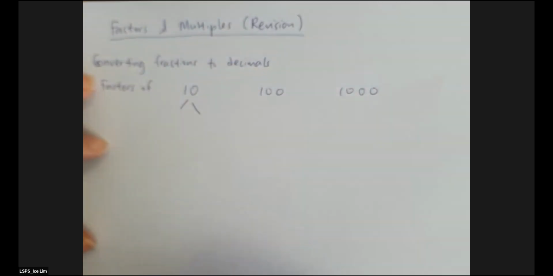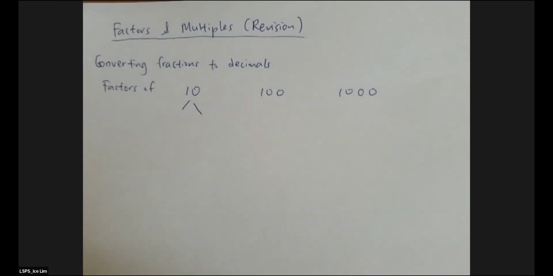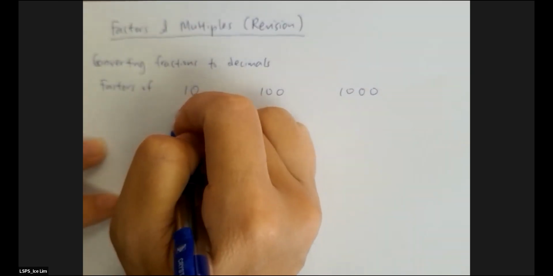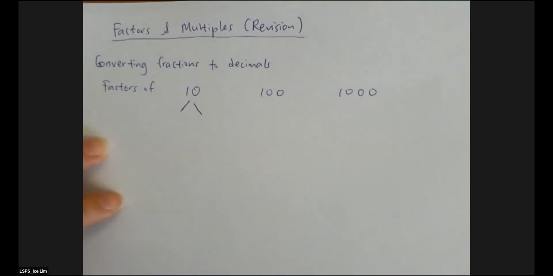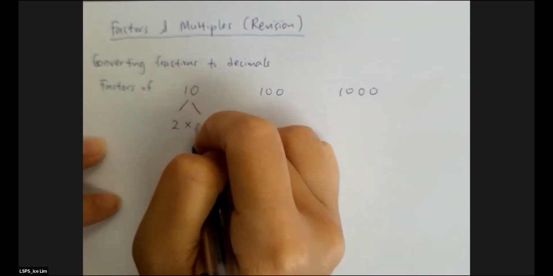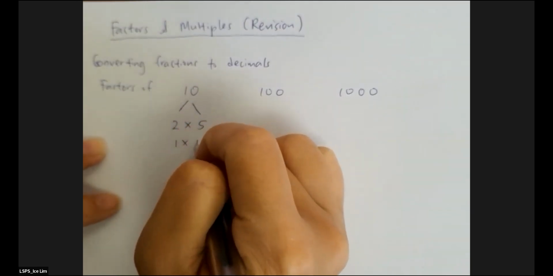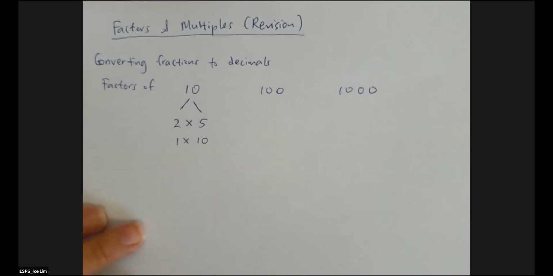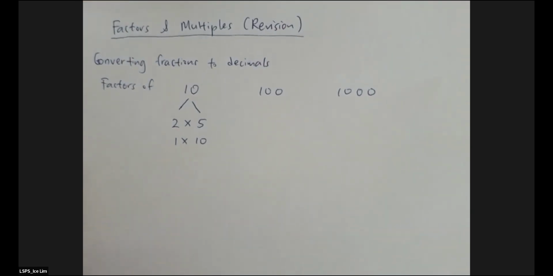So when we talk about factors of a number, we are looking for the numbers in the times table. In this case, you have 1 and 10 and 2 and 5. I'm going to put 1 and 10 at the bottom, because usually if the denominator is 10, you can already convert. Right? Correct?